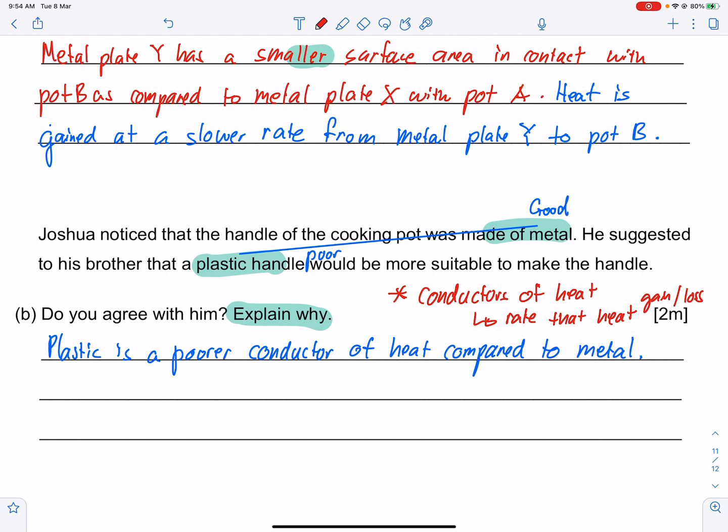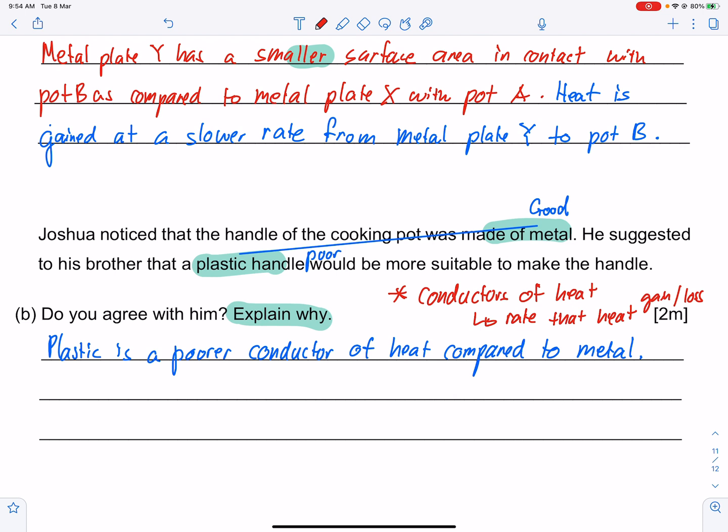So you have to talk about rate of heat transfer. Definitely is a confirmed thing. So the next part, that's what you need to talk about, right? Now, the next part is that most of you have gotten the part about heat would then be transferred to the plastic handle at a slower rate from the pot to the plastic handle.